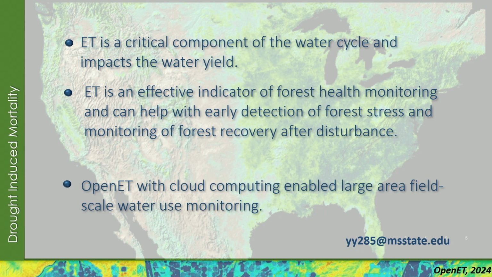ET is naturally linked with forest health, and is an effective indicator of forest health and management. And also I really want to say that OpenET with cloud computing for large areas, keeping the 30-meter spatial resolution, really unlocked a lot of potential for regional study. So with this, I'm going to conclude my talk. Thank you.